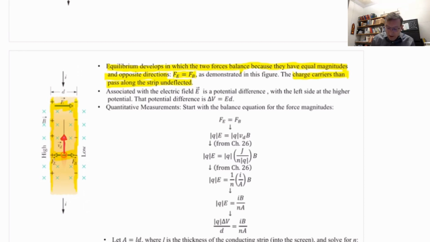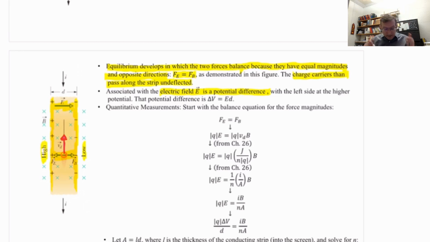But I know that associated with any electric field E, there's a potential difference. And this is an electrostatic field because we've reached steady state. Nothing's changing anymore. So there's a potential difference with this electric field. And I know that electric fields point from higher potential to lower. So that means I know the left side of this strip has a higher potential than the right side. So notice how we've written high and low.